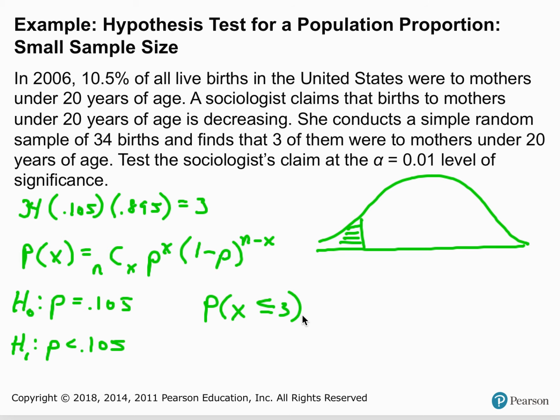And x, remember, let's let x be the number of live births to mothers less than 20, right? So because we have 3 out of 34, we have p hat is 0.088.